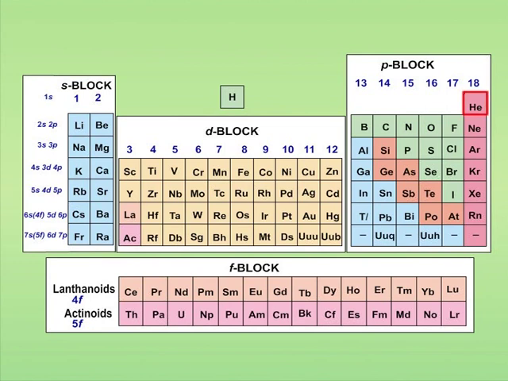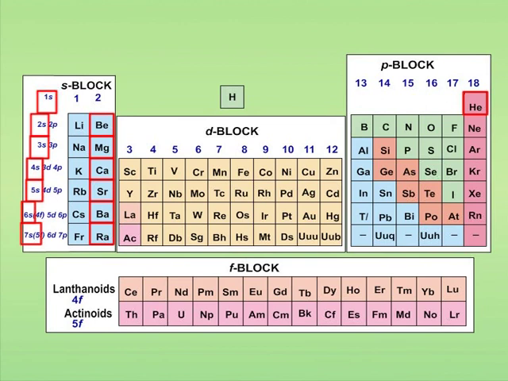Now consider helium and the elements of group 2, that is beryllium, magnesium, calcium, strontium, barium, and radium. The last electron in these elements also enters the s orbital, that is 1s, 2s, 3s, 4s, 5s, 6s, and 7s orbitals respectively.